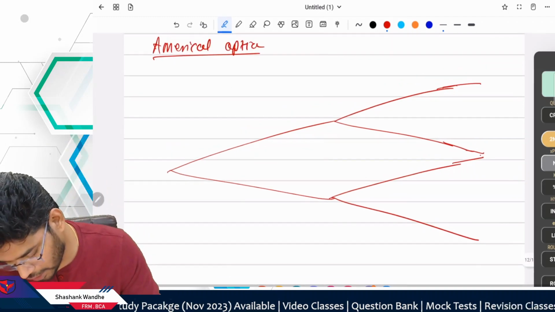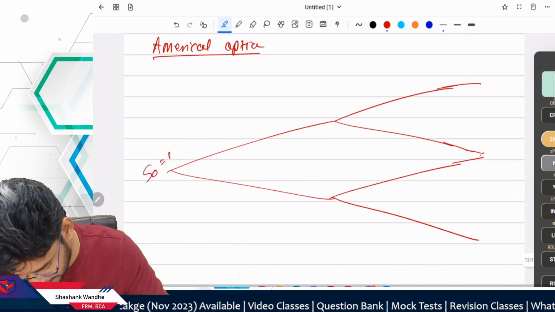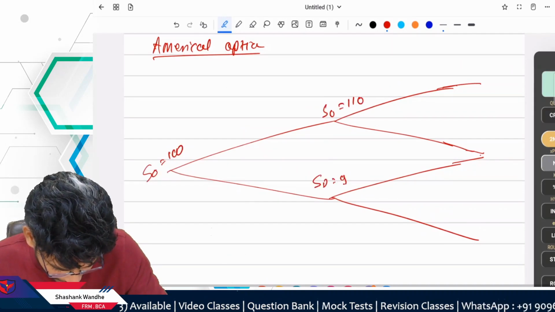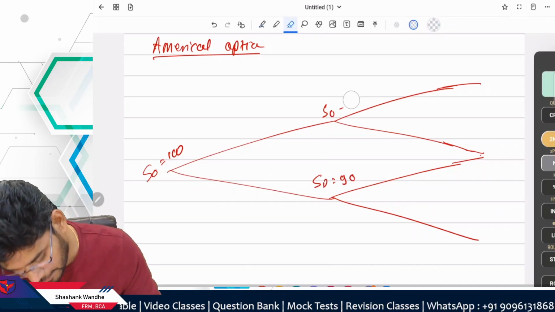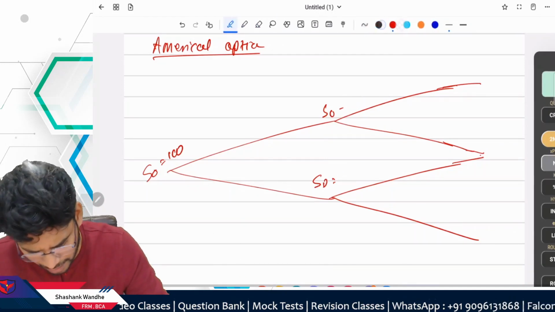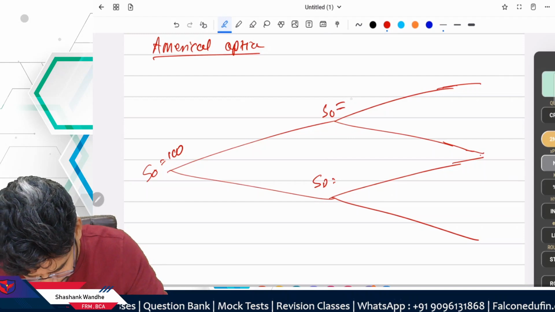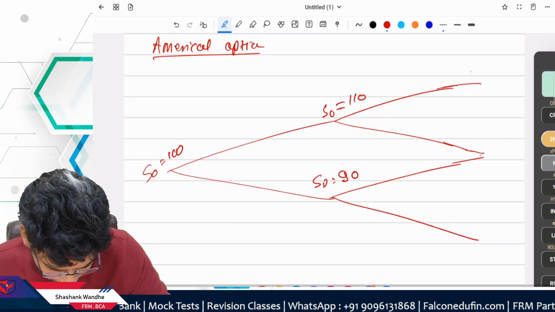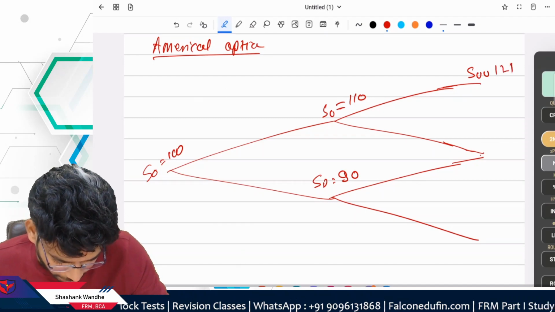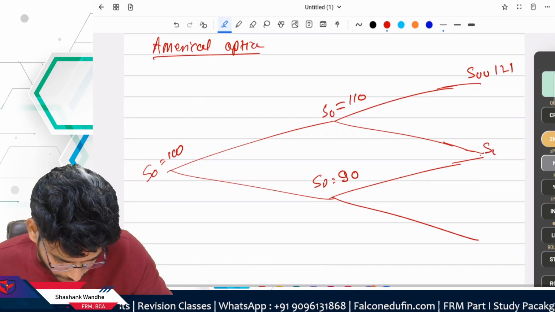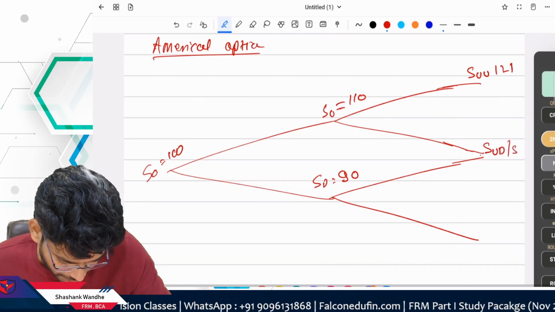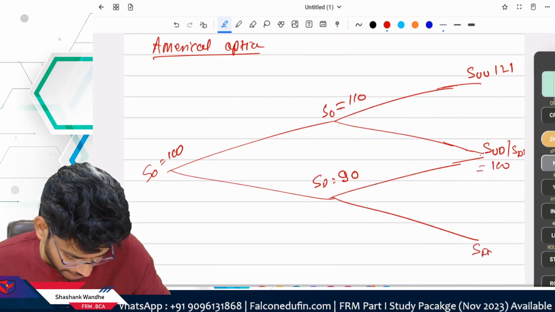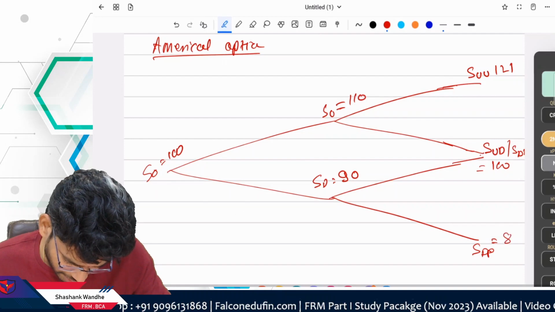So in case of the American option, again we'll start with the S0 of 100, SU is equal to 110, SD is equal to 90. We are using the same values only, right? So SUU is equal to 121, SUD and SDU is equal to 100, SDD is equal to, I guess, 81.